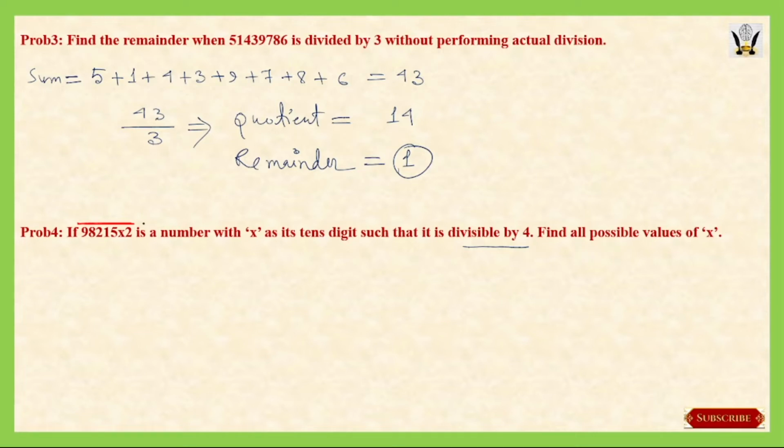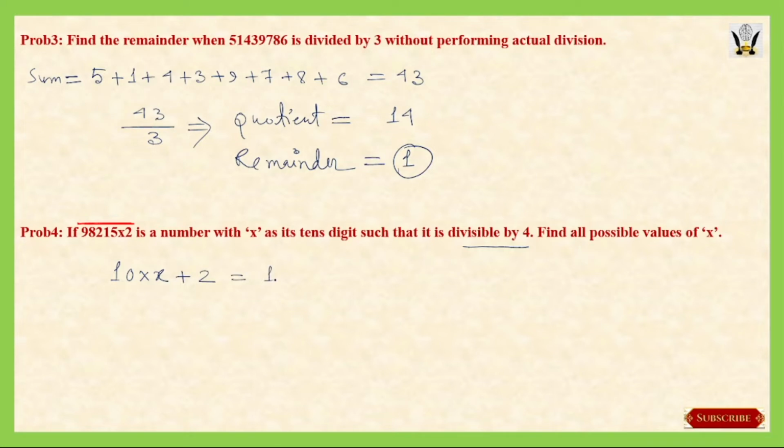We know that if the number formed by the last two digits of a given number is divisible by 4, then the whole number is divisible by 4. That rule we have already learned. Here the last two digits are x and 2. x is at the tens position, so it will be 10 multiplied by x, and then the digit at the units place will be added.